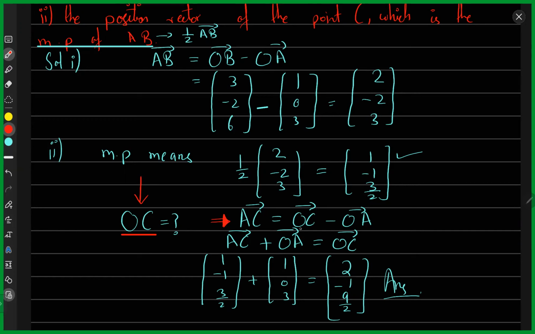Now I need to find OC, so I made OC the subject, and the remaining things came on the right side, on the left side. I got AC by dividing AB by 2, and OA was already given. After adding the two things, I got this as my answer. So this is how we add and subtract vectors, and this is where exactly it is used.